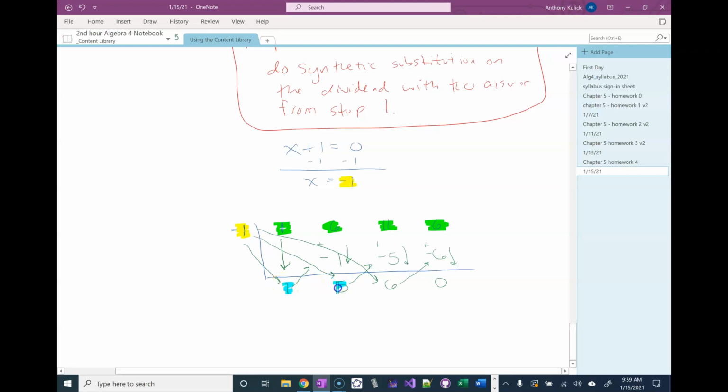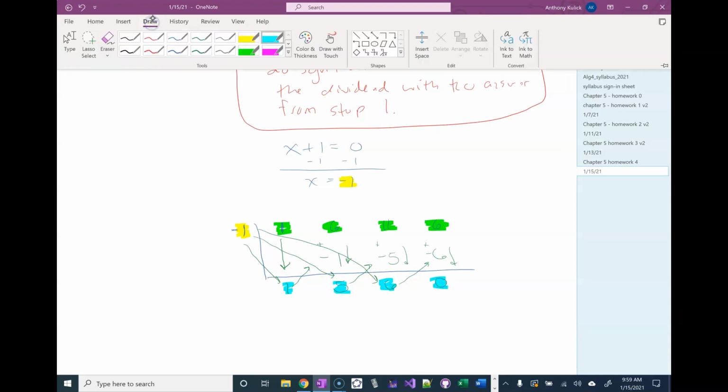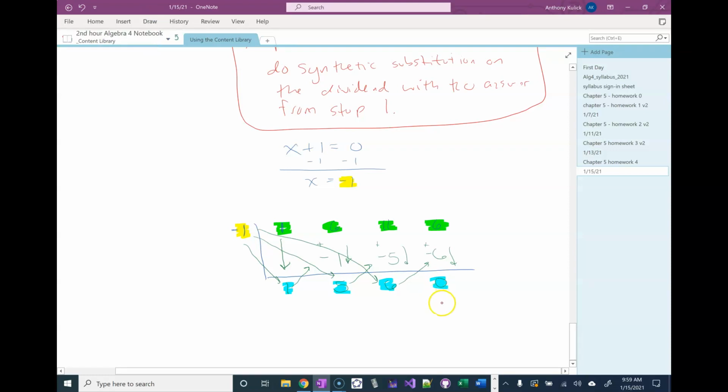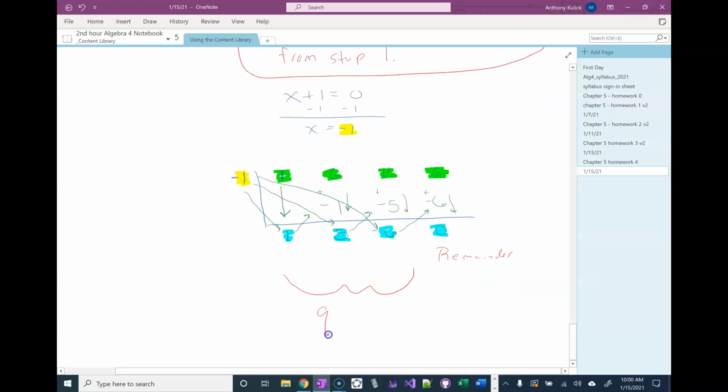So these numbers at the bottom are going to tell me the information that I need to know to get the quotient. So we always start at the farthest right. The first number on the right is the remainder. Everything else, then, is the quotient.